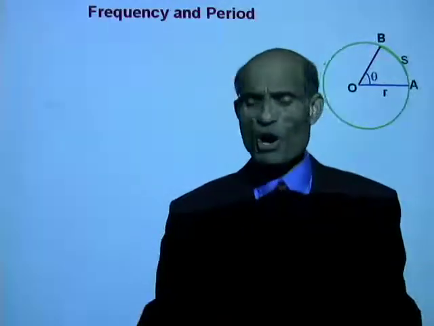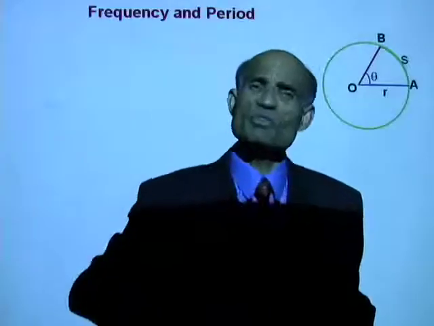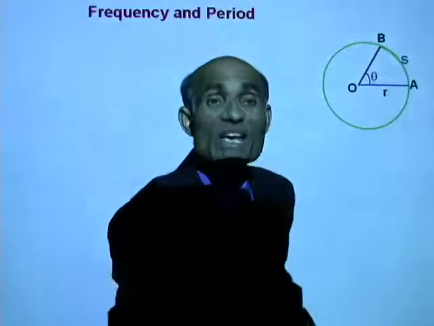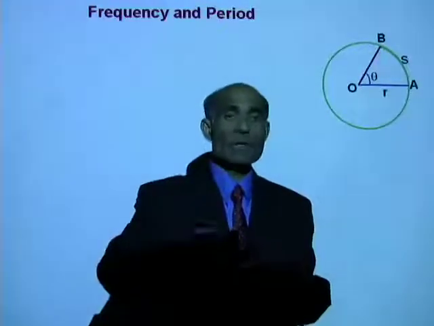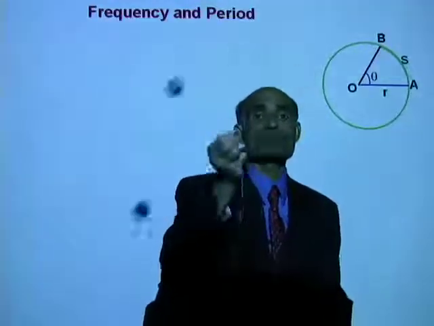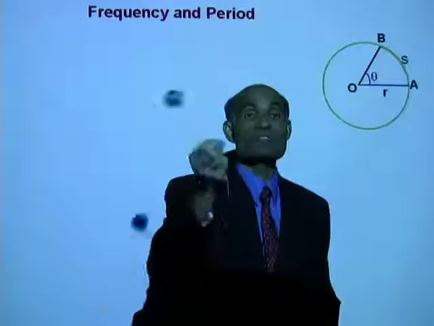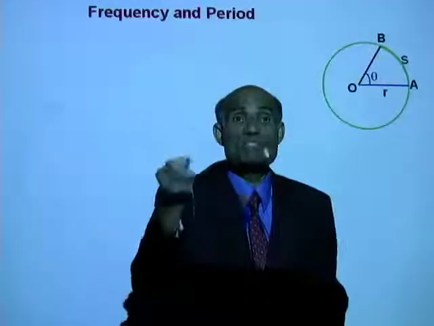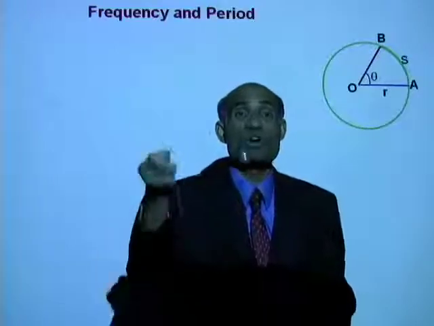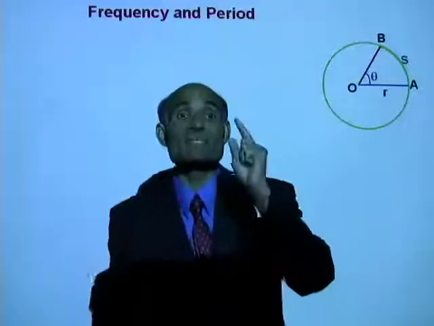What is the meaning of frequency? Frequency, how frequent is the occurrence? If I let this object go around the circle, what is the frequency of this? It means how many times does this go round in 1 second?